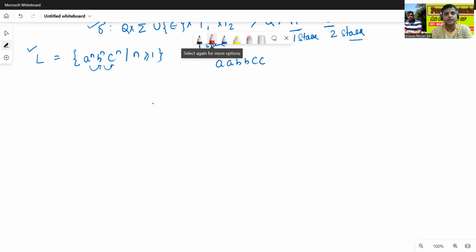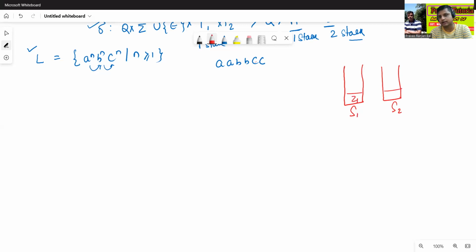So now we'll design two stacks here, S1 and S2. Initially they contain Z1 and Z2.